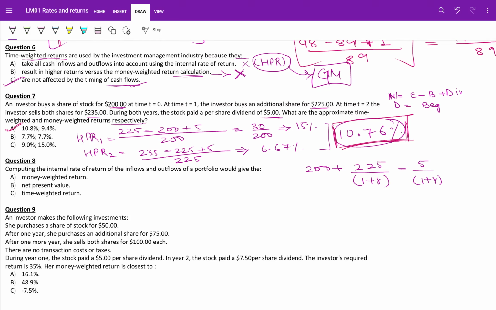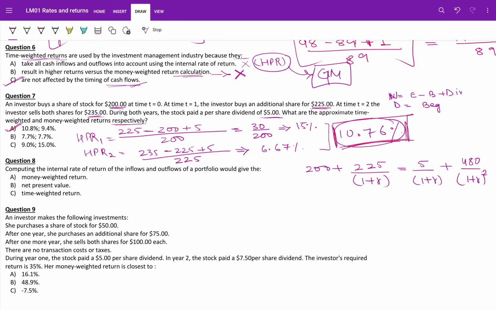We also have a cash inflow from the 2 shares we sold. So 235 plus 235 is 470, plus 10 is 480. So 480 divided by (1 plus R) squared. This is how our equation is going to look.